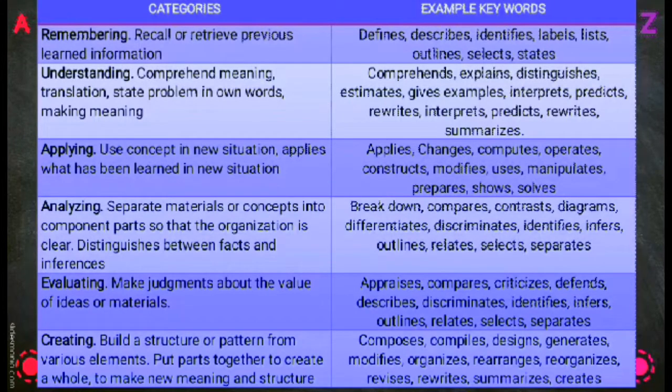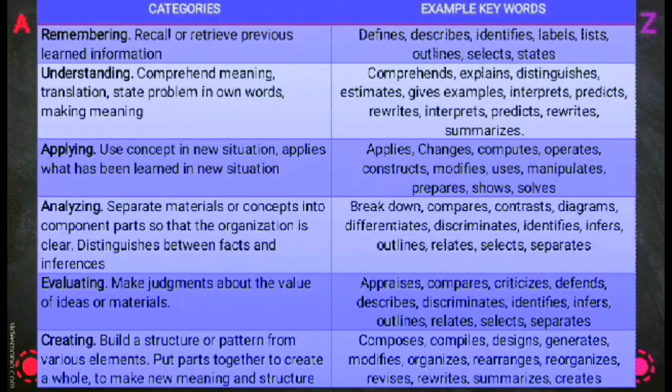Next is evaluating. It makes judgments about the value of ideas or materials. Example keywords are appraises, compares, criticizes, defends, describes, discriminates, identifies, infers, outlines, relates, selects, and separates. And the last category is creating. It builds a structure or pattern from various elements.